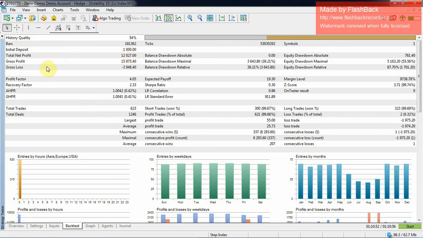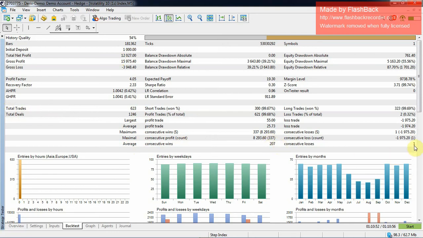Gross profit is 15,975.40, and then minus the gross loss of 3,948 gives the 12,000 above there. Total trades 623.